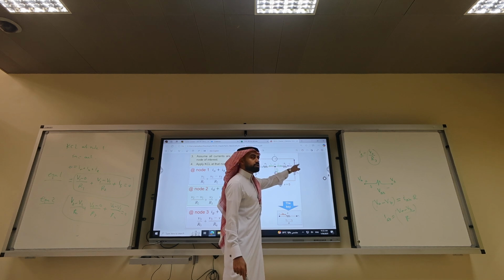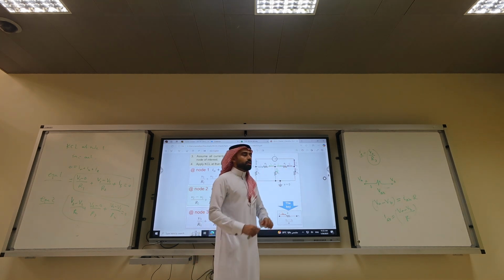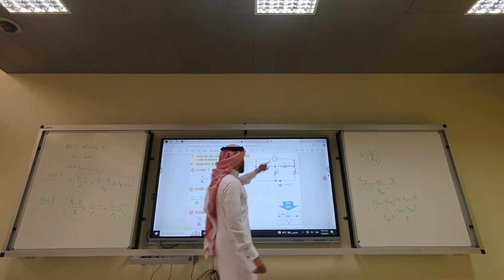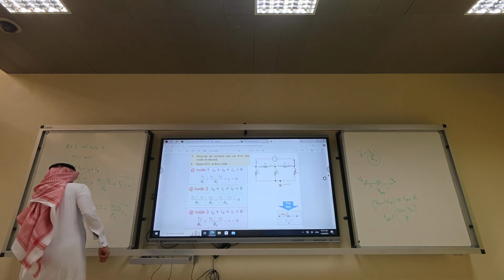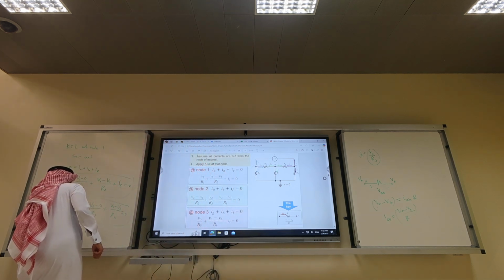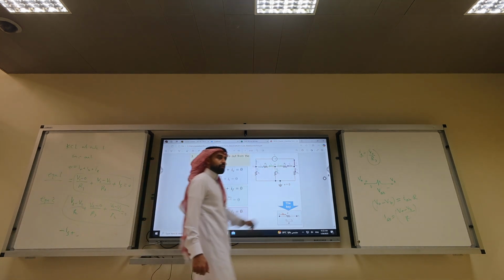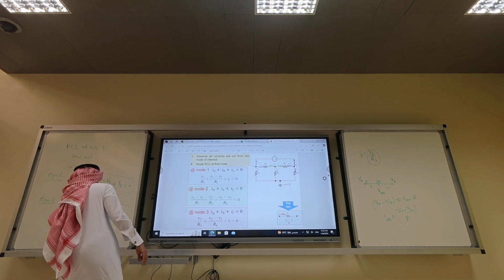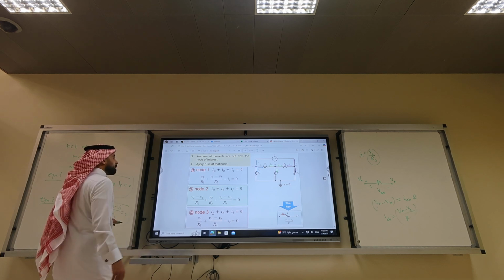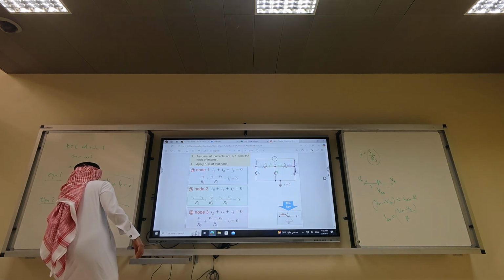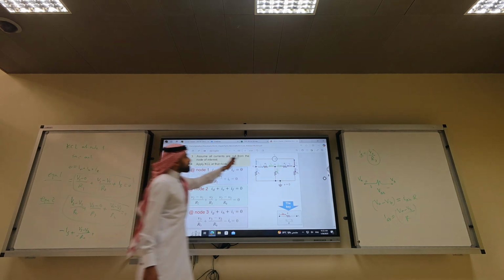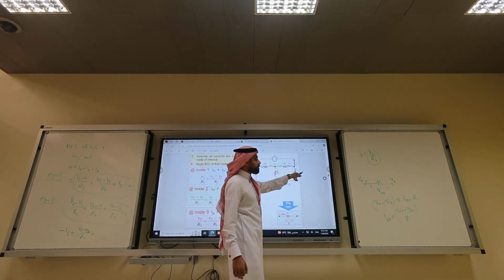At V3, N equal out, N is 0. Out is minus IS plus V3 minus V2 over R4 plus V3 minus 0 over R5.